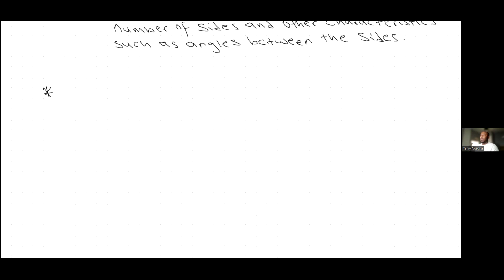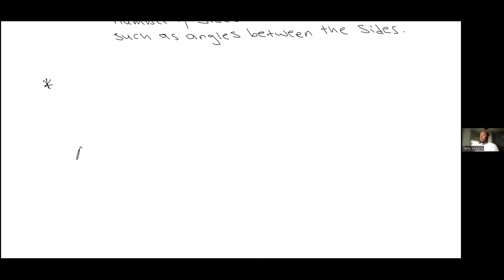We'll talk about both the area and perimeter. Like I said, for circle, I'm not going to talk about that because we've discussed this already.